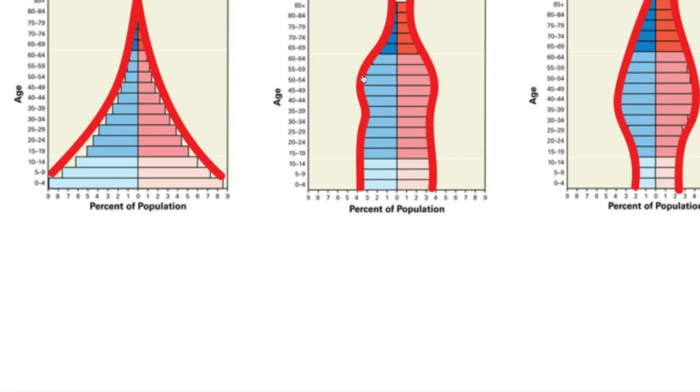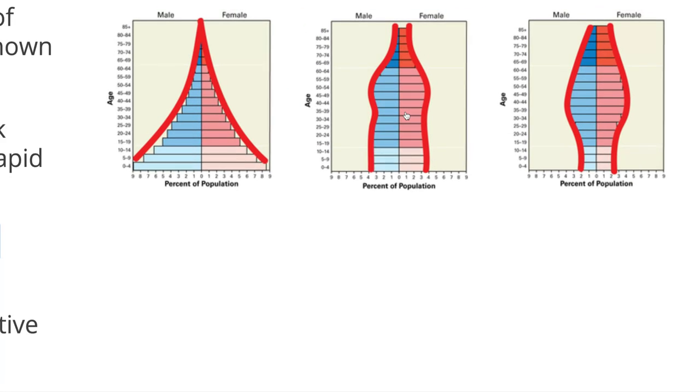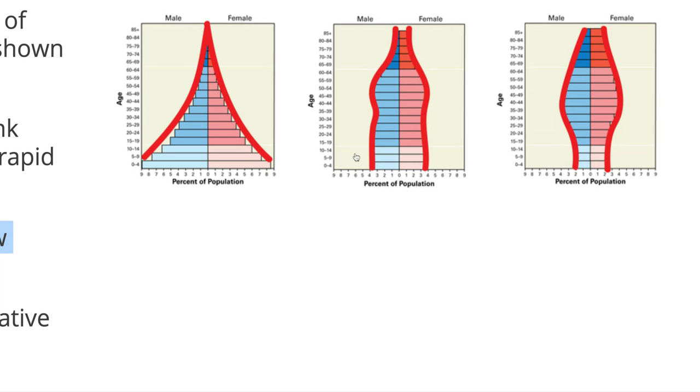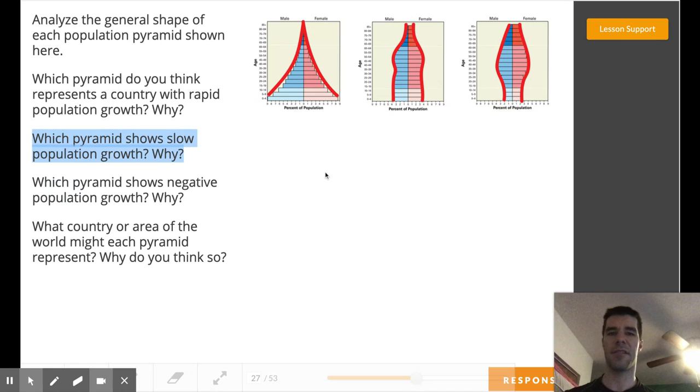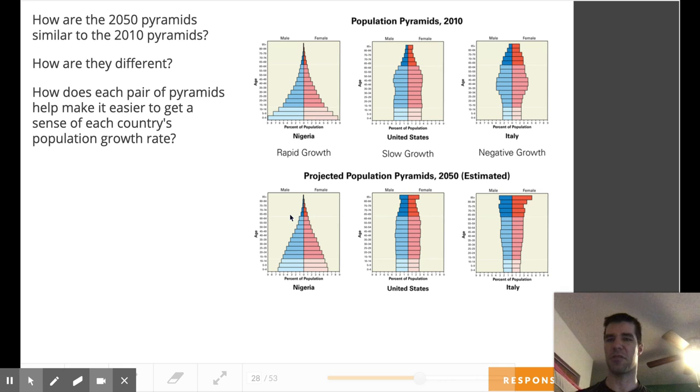The widest portion is these cohorts up here. However, it is slowly getting bigger as you go down to the younger cohorts. So that's how you can tell it's slow population growth. Then the last one over here represents negative population growth because the smallest cohorts in the entire pyramid are down at the bottom. Okay, so I just wanted to review those different types of population pyramids for you guys.